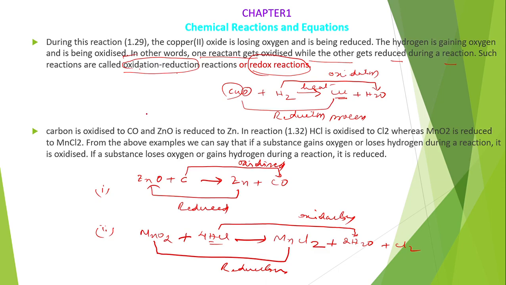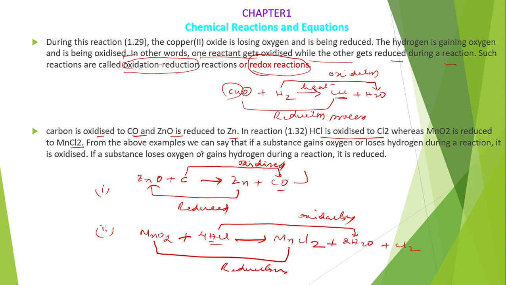So carbon, as he has explained, carbon is oxidized to CO, and ZnO is reduced to Zn. Next, second part: HCl is oxidized to Cl2, whereas MnO2 is reduced to MnCl2.